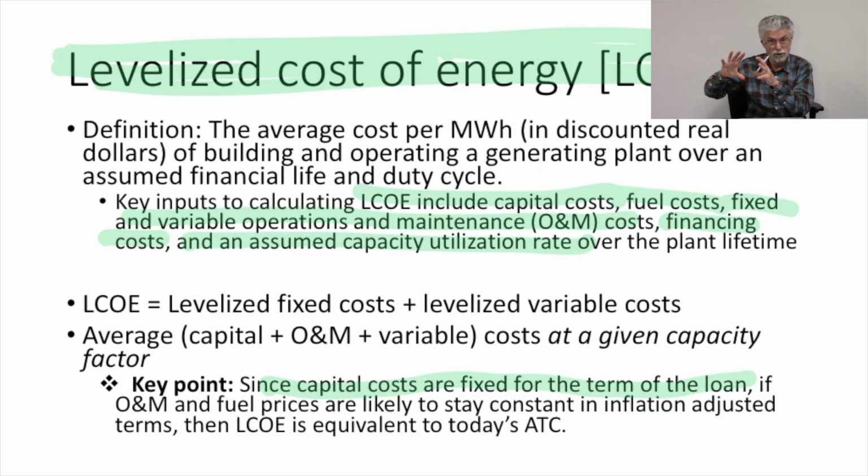So if fuel costs aren't changing and operation and maintenance costs aren't changing, after we adjust for inflation, then today's average total cost is really a reasonable measure of the levelized cost of energy.